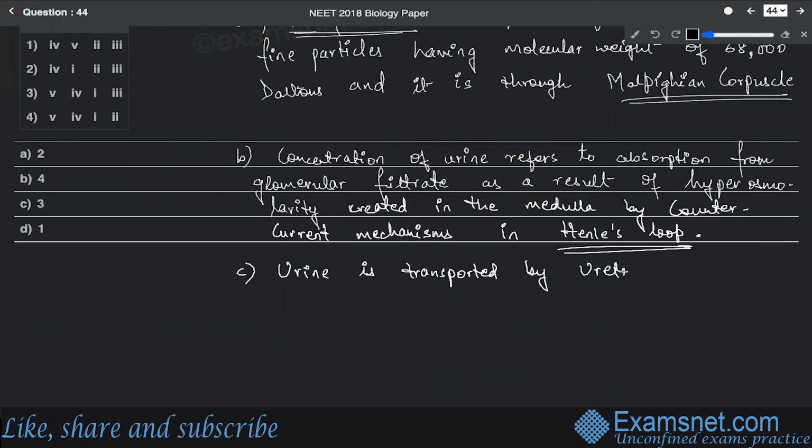ureter from kidney to urinary bladder. So from kidney to urinary bladder, the urine is transported, and the storage of urine is concerned with the urinary bladder.